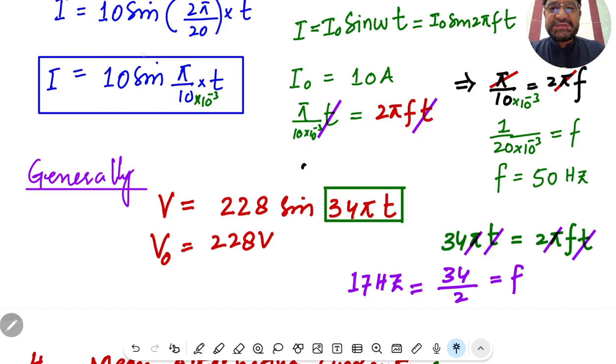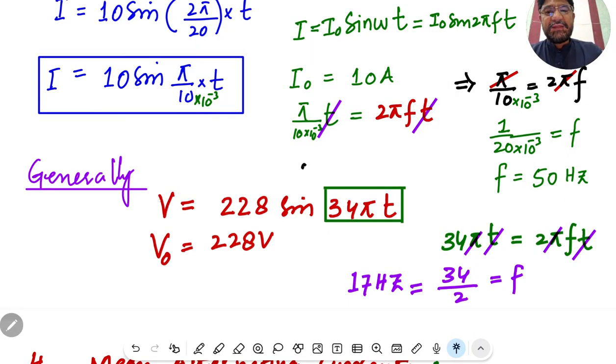Now, instead of pi t divided by 10 milli, I have 2 pi ft in the general equation. So t and t will cancel, pi and pi will cancel, and you get 1 upon 10 milli equal to the frequency, and 1 upon 10 milli means the frequency is 50 hertz. So I got the frequency and amplitude.